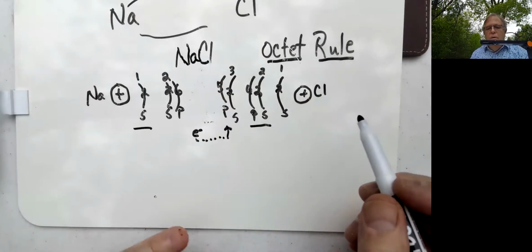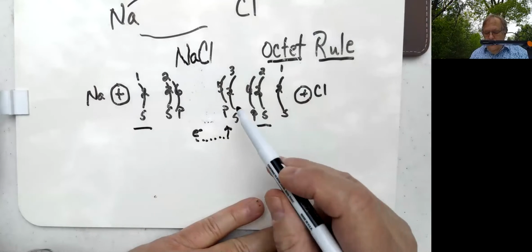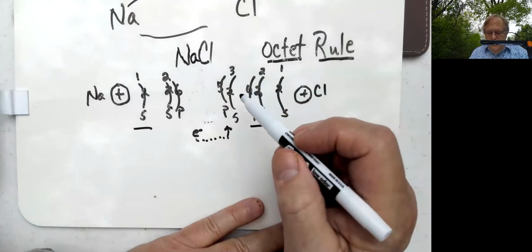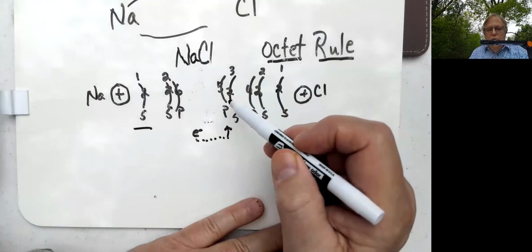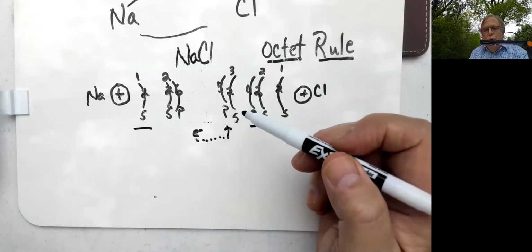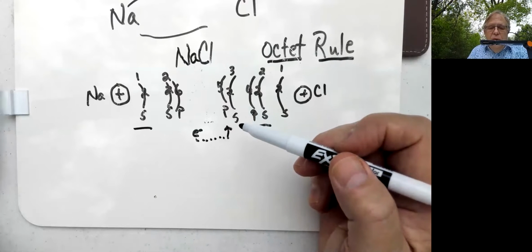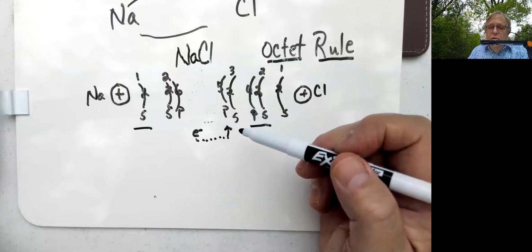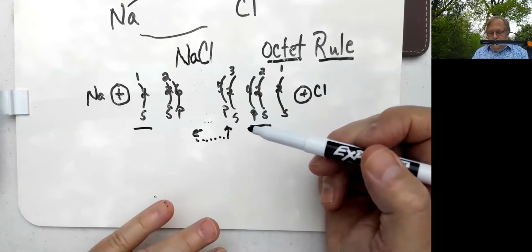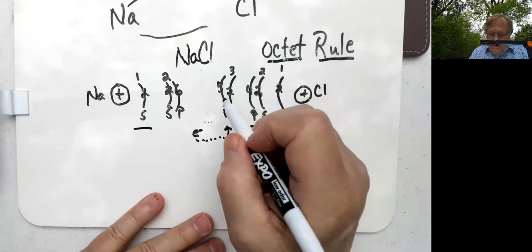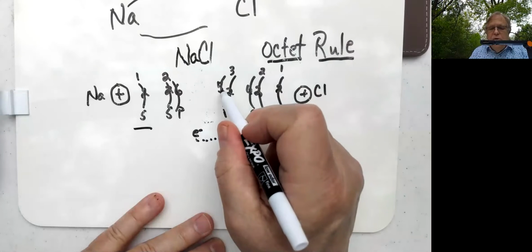Okay, now let's go and see what happens over here. The chlorine has the same 2 options. It can get rid of 7 electrons, or it can gain 1 electron. And it just seems like it makes sense if it gains 1 electron rather than losing 7. And thus, this electron goes into this spot right here.